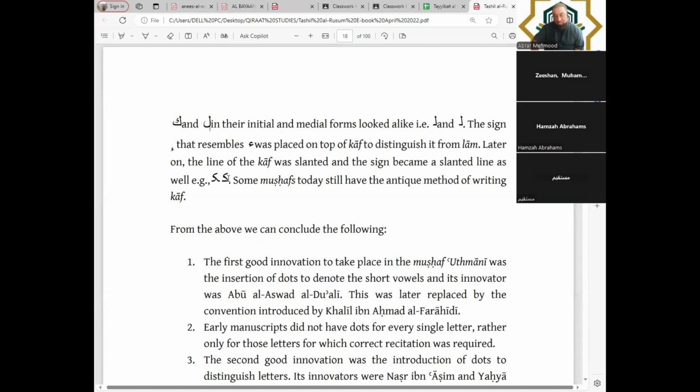So what's beautiful is that the Arabic letters in written form, when they're by themselves, are written differently. When they're joined up to other letters, the shape changes, and throughout history that was facilitated to make it easy for other Muslimin to read the Quran.